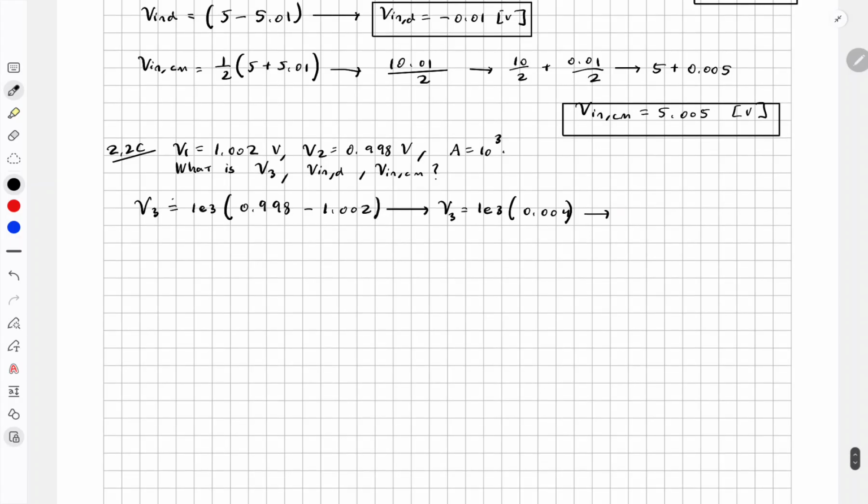Then V3 is equal to, I think, negative 0.04, so V3 is equal to negative 4 volts.